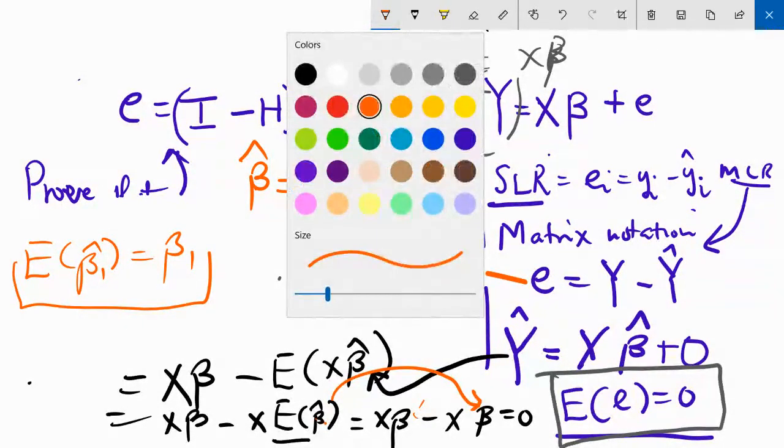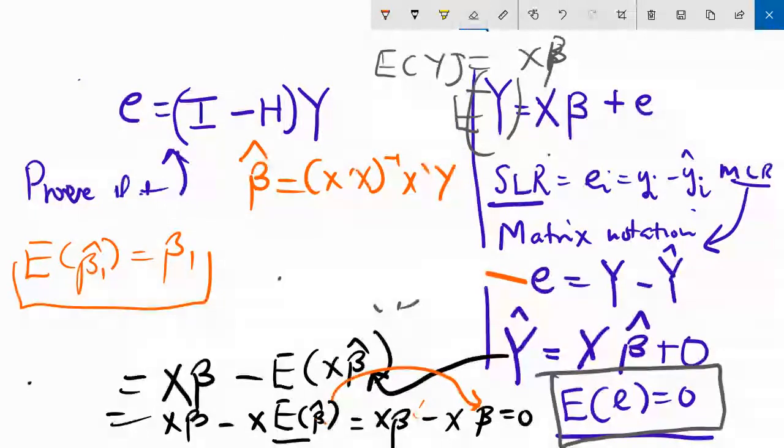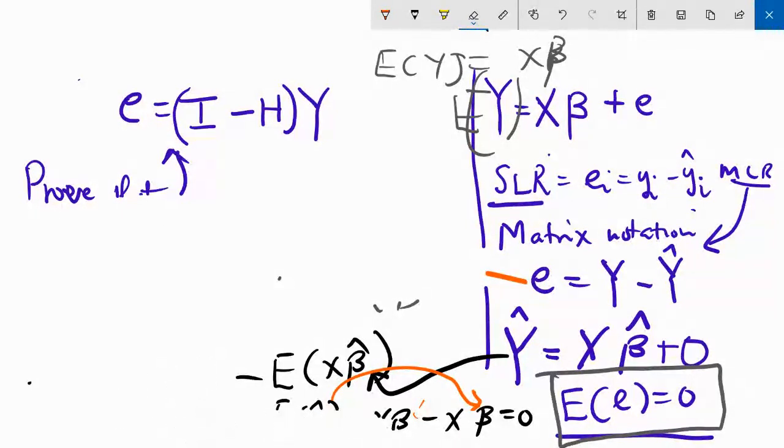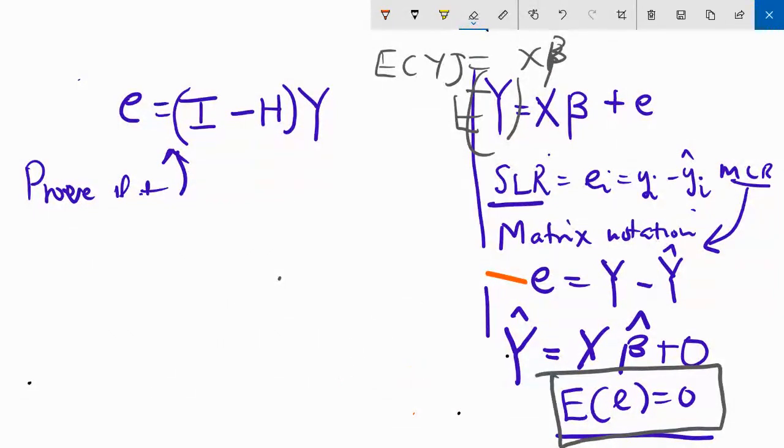What I want from you guys is to solve these things and then check if you follow, because it doesn't mean that because I'm showing you how to find these ones, these are the only proofs that I can ask you. There are a lot of proofs that I can ask you. As long as you have an idea on how to do these things, you must be able to solve whatever.